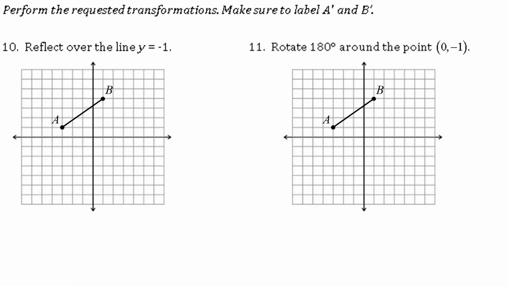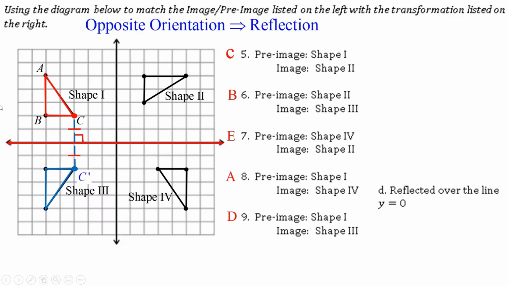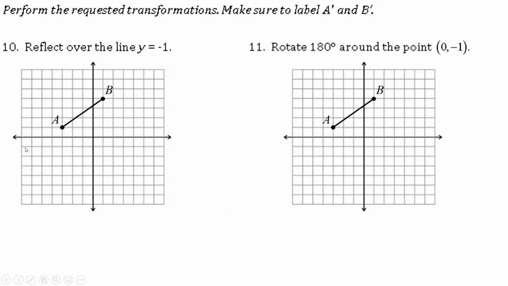Okay, now perform the requested transformations. Make sure to label A prime and B prime. Okay, so reflect over the line y equals -1. Well, remember on the last problem, y equals 0 was this horizontal line right here. Wouldn't y equals -1, it's horizontal, so y equals -1 would be that line right there. And I love reflecting over horizontal and vertical lines because it's so easy.